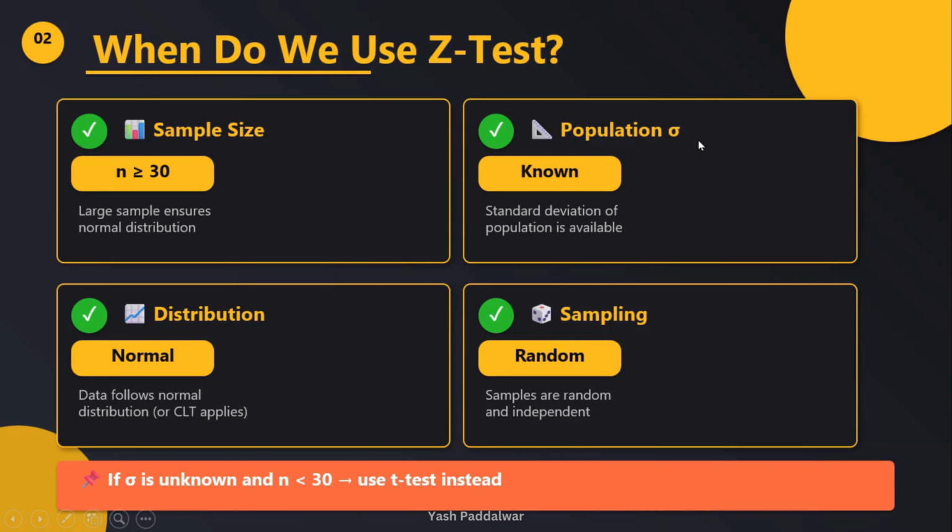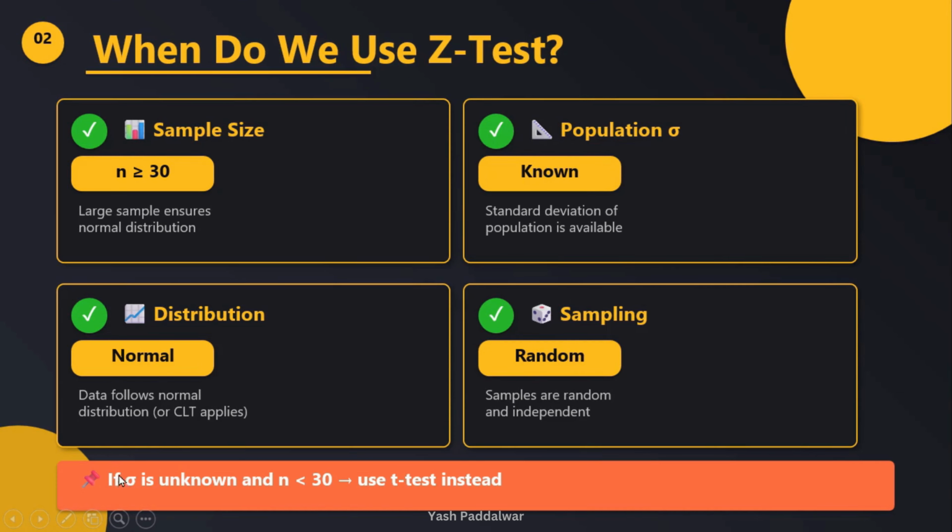You are aware of the population variance or standard deviation. If the standard deviation of the population is available with you, then you can apply the Z test. Next, the data points in your sample are random and independent.